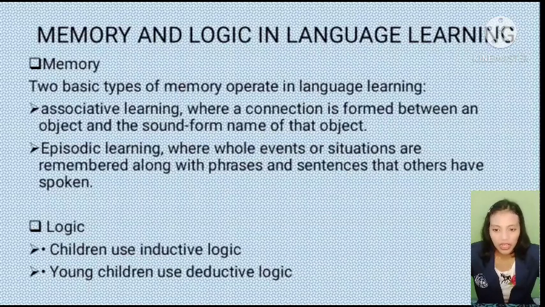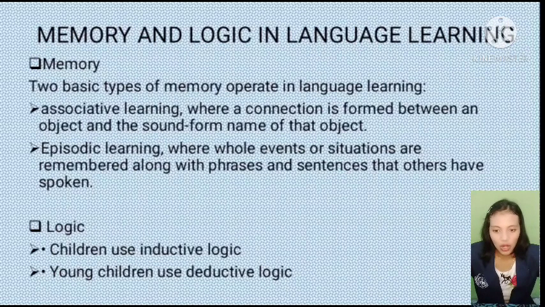The memory: two basic types of memory operate in language learning. They are, the first one, associative learning, where a connection is formed between an object and the sounds forming the name of that object.